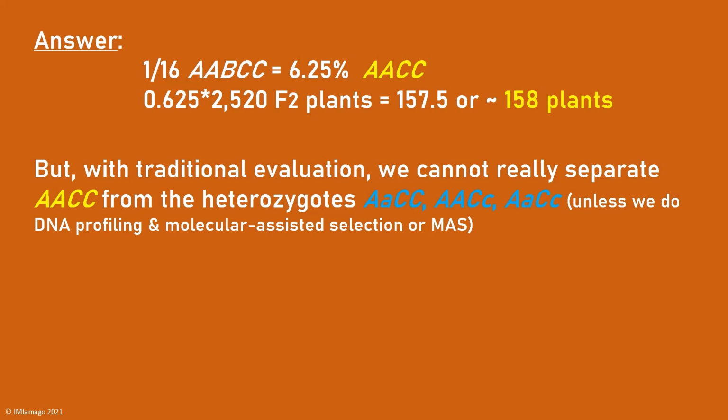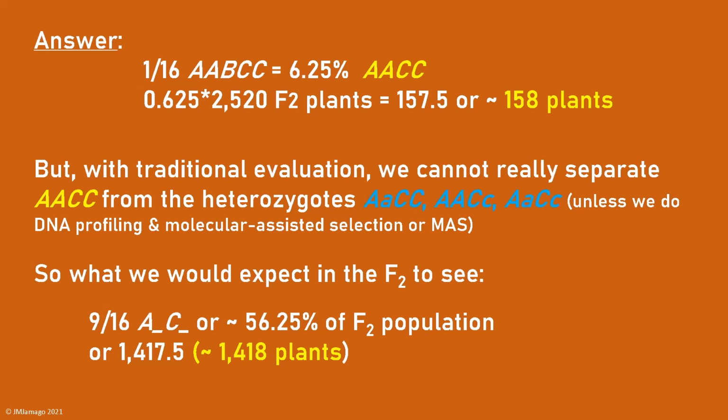Okay, but for the meantime, ang ato makita technically, based on traditional evaluation, would be that 56.25% of the population, or 9/16, are plants that would show us the dominant A and C phenotypes. And that would be around 1,418 plants. And if we still do the traditional evaluation, we need to go to the F3 generation in order to separate our target recombinant, which is homozygous dominant for A and homozygous dominant for C.